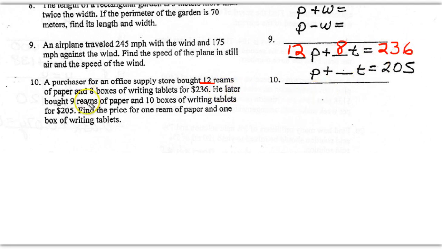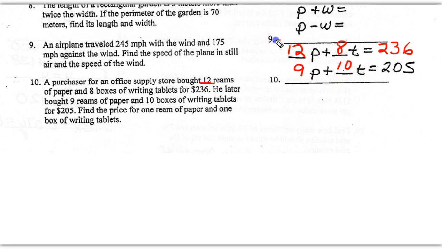He later buys 9 reams of paper and 10 boxes of tablets, and it costs this much. So there's our equation. Now this one would be a challenge, and I find that often there's one like this on your test. So how would you do it?